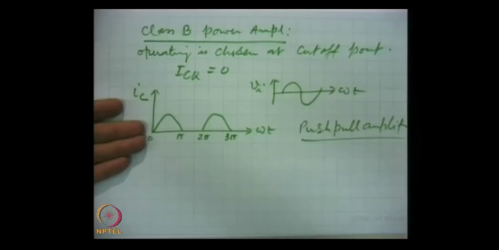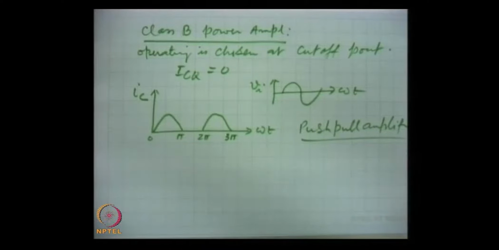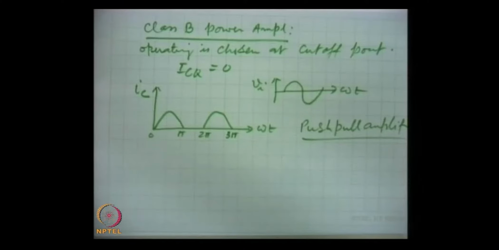You may ask, what is so good about class B amplifier, that this is highly distorted, and to compensate it we have to use two transistors in a special arrangement known as push-pull amplifier. The reason is much higher efficiency of class B amplifiers.